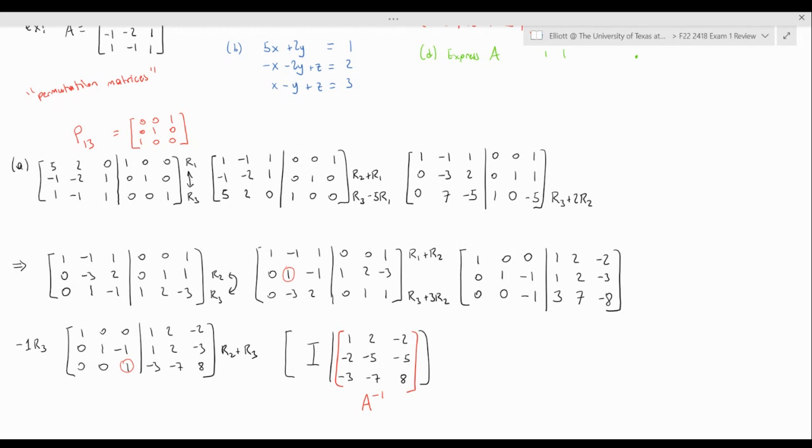So if we take this matrix P13 and multiply it with A on the left, that's going to produce this matrix here, okay? So P13 times A is just A, but with rows 1 and 3 swapped.